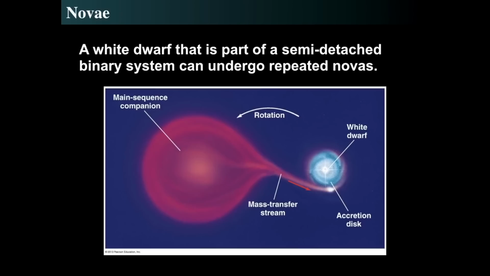So these two objects have comparable masses, and all you have to do is make the main sequence star swell up just enough so that the material at the top edges can fall towards the white dwarf. So it's like being on a tipping point, and the tipping point is right where the mass transfer stream begins.